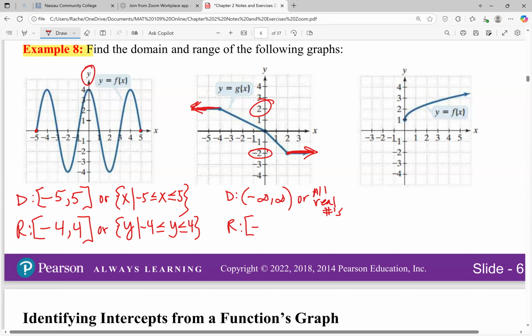So my range in interval notation is going to go from -2 to +2. And if I want to write this in set builder notation, we could say all values of y such that y is between -2 and +2.